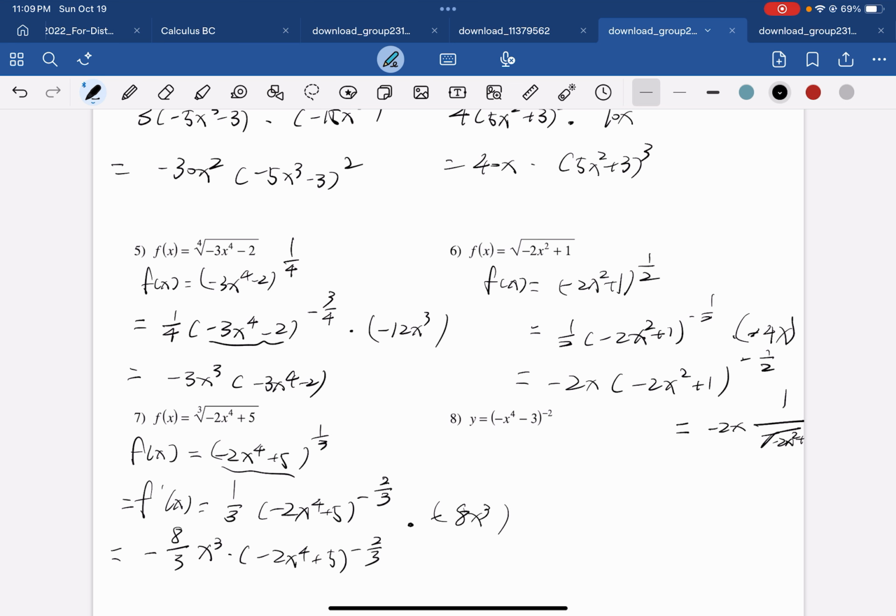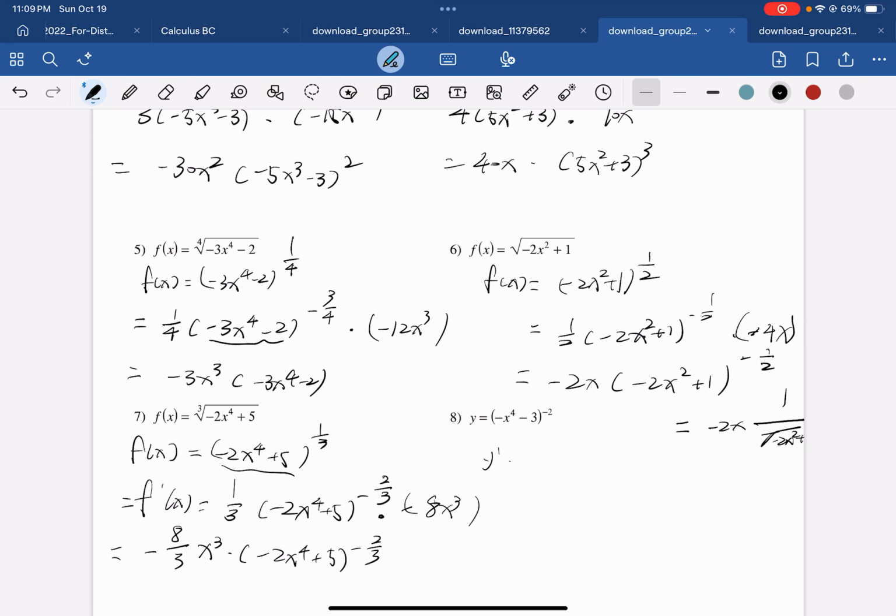Alright, the last one. It's pretty straightforward. f prime equals the power, negative 2, goes to the front of the function, negative 2 times (negative x to the 4th minus 3), with negative 2 minus 1 being negative 3, and times the derivative of the inside function, which is negative 4x cubed.